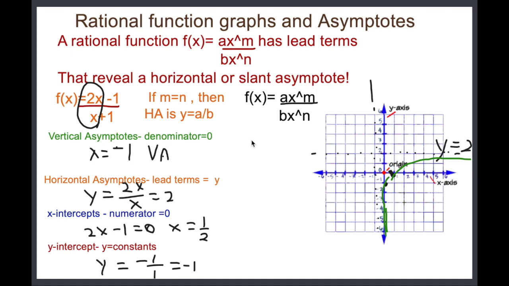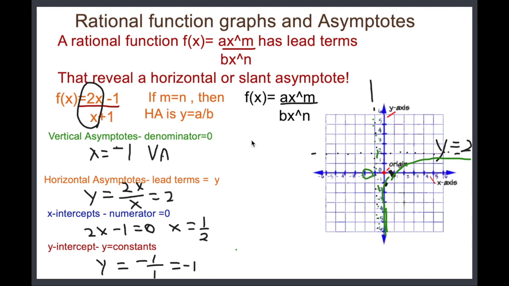Next question is, where is it on the left side of the asymptote? Is it to the left of it? Where is it? Is it above or below the horizontal? Let's plug in a number. Let's take -2.